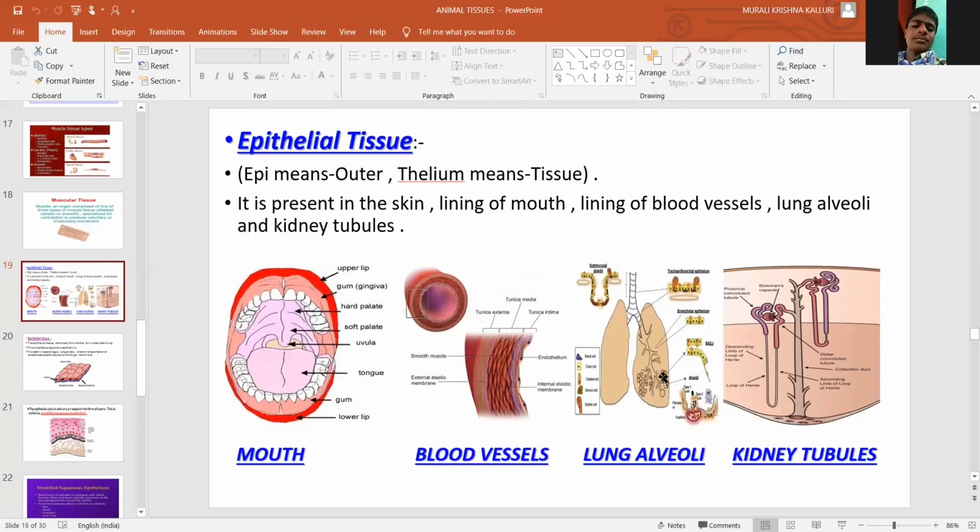The alveoli is the structural and functional unit of lungs. And it is present in kidney tubules.